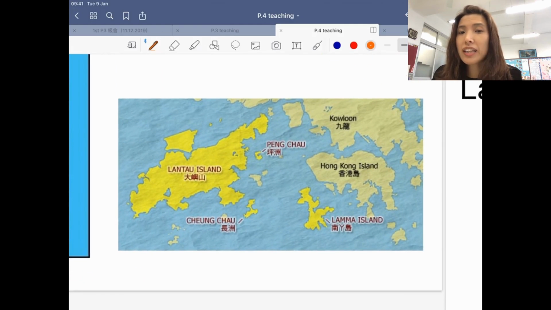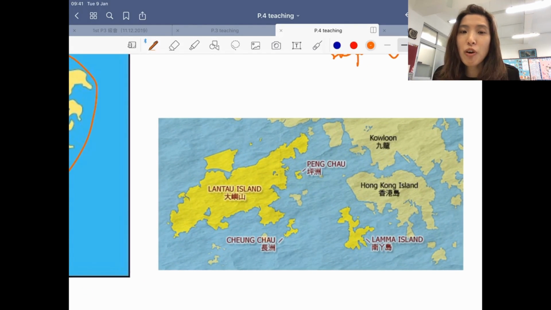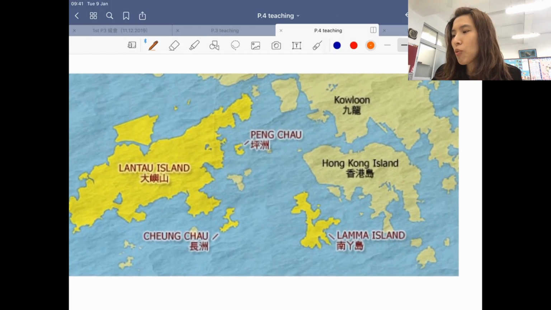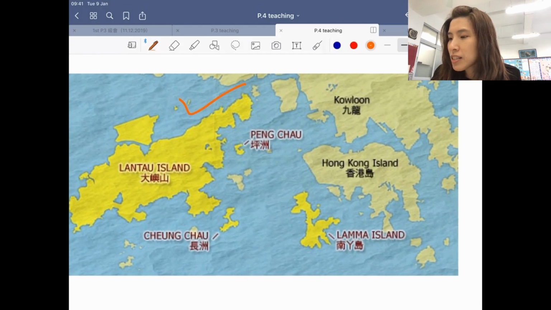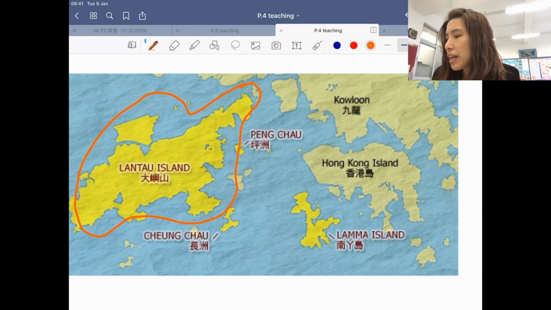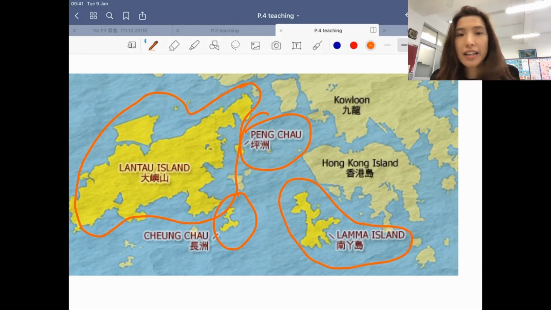I bet you can in Chinese, but maybe you do not know the English terms of these islands. So let's go over them. The biggest outlying island is Lantau Island, and we also have Cheung Chau, Peng Chau, and so on. Have you all been to these islands before?